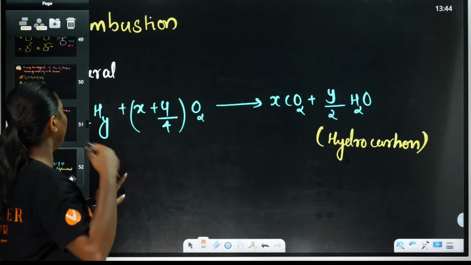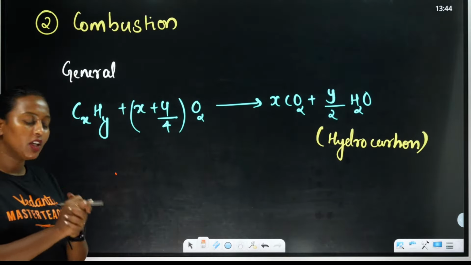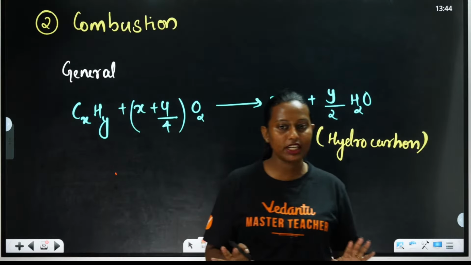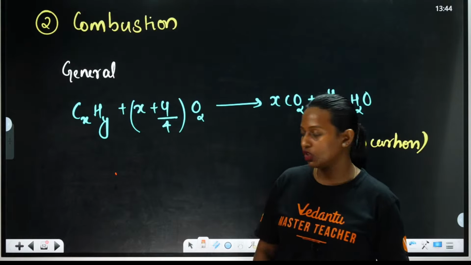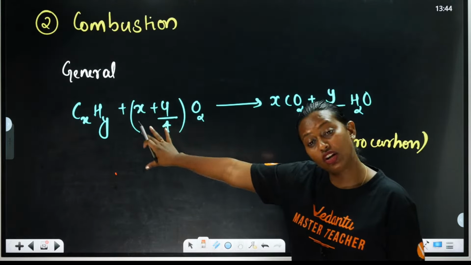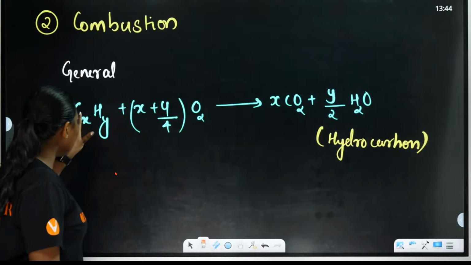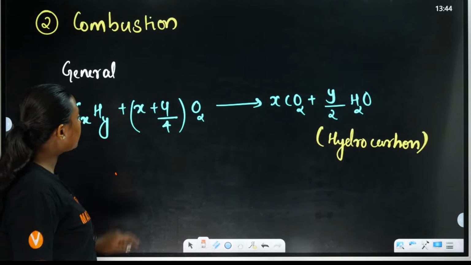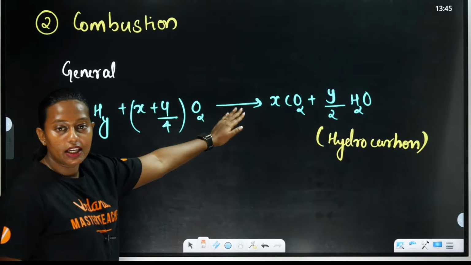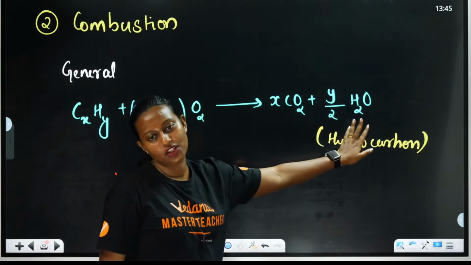We are moving to the combustion topic. What does combustion mean? If something reacts with oxygen, that is combustion. The general equation for hydrocarbon combustion: CxHy plus (x plus y/4) O2 gives x CO2 plus y/2 H2O.